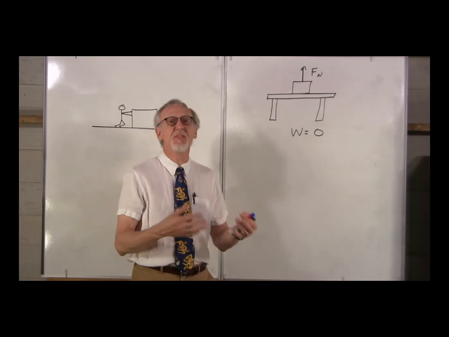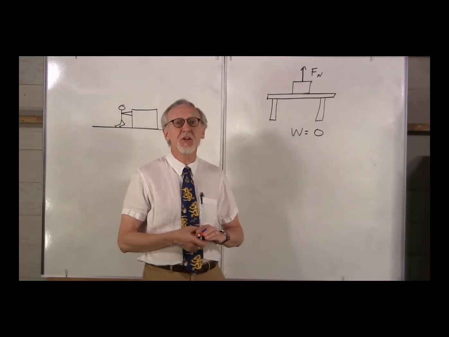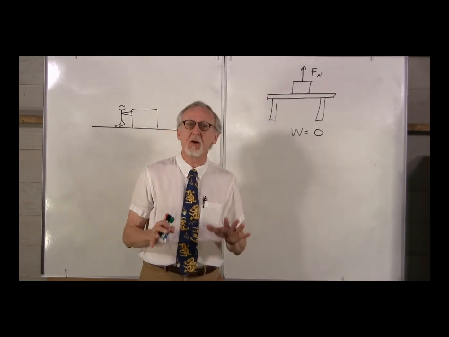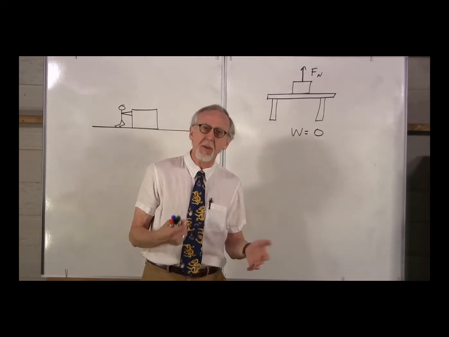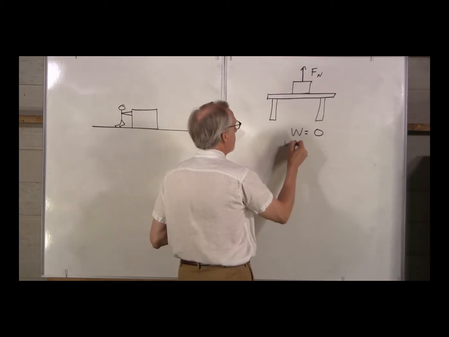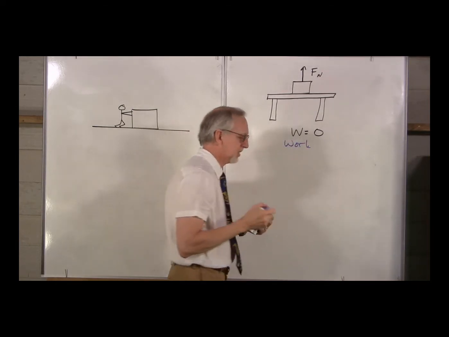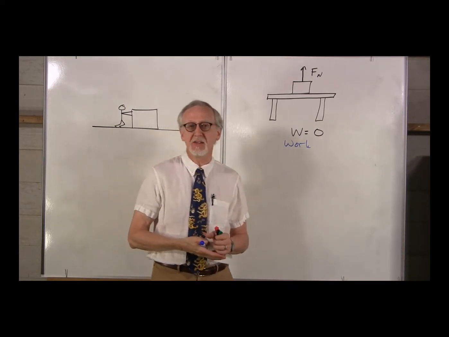And very often they get reused for different things. So we've got to be careful and make sure that we keep track of what we're talking about. Hopefully, from context, we'll remember what we mean. In this case, we mean the work is equal to zero.